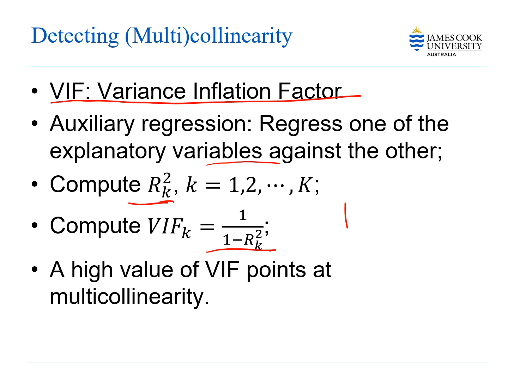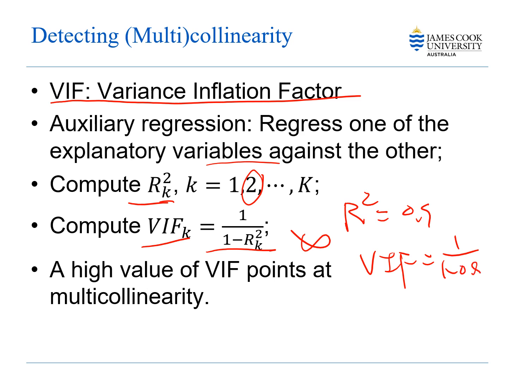For example, if R squared is equal to 1, it means that x2 is perfectly explained by the constant, x3, x4 until xk, and now the VIF will be infinity, very, very big. If R squared is 0.9, then VIF is 1 over 1 minus 0.9, which is 10. So a high value of VIF points at multicollinearity issues.